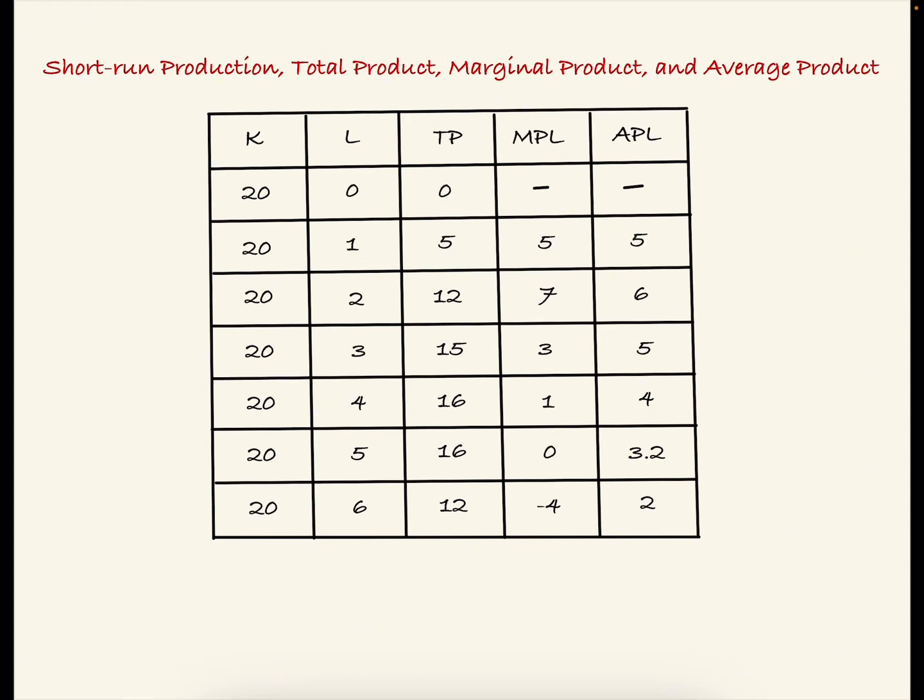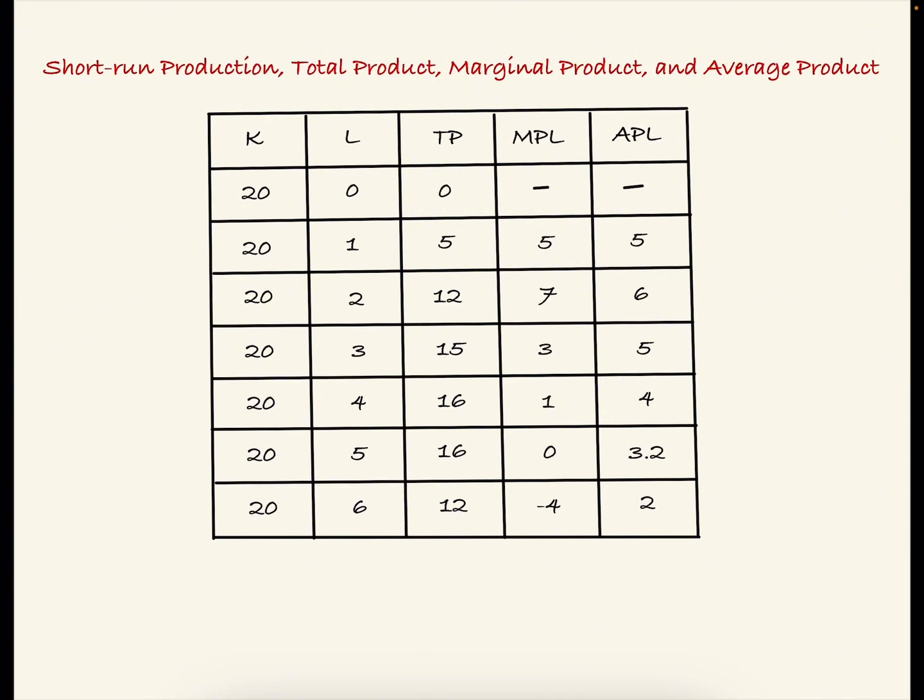When we increase the quantity of labor to 4, our total product is now 16, which means that the marginal product of the fourth unit of labor is 1. When we add the fifth unit of labor, our total product remains the same, 16, which means that the marginal product of the fifth unit of labor is 0.